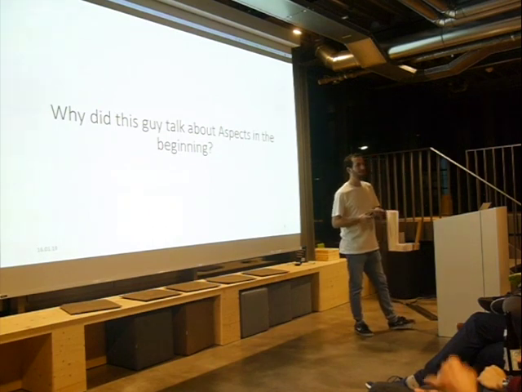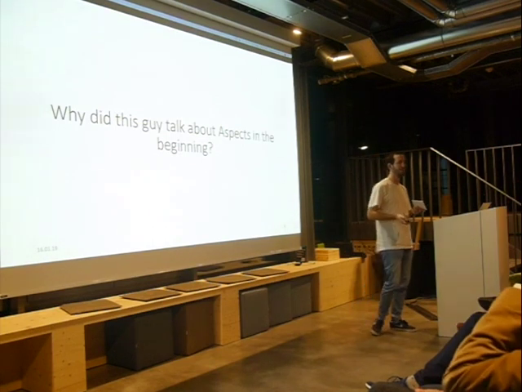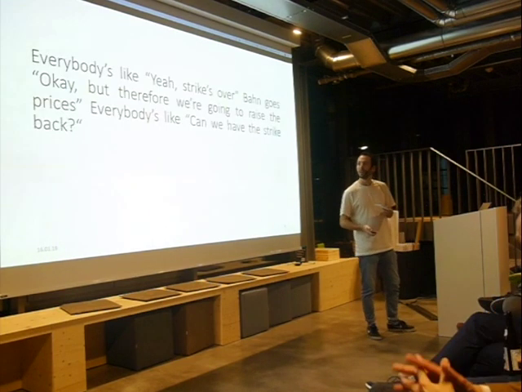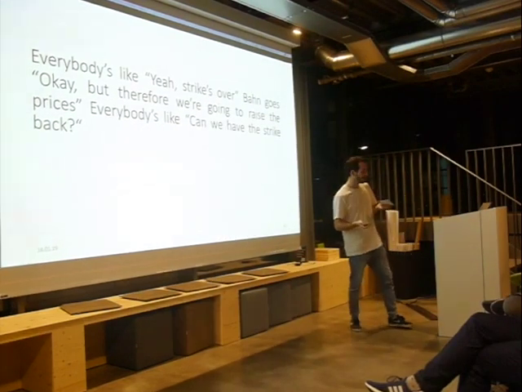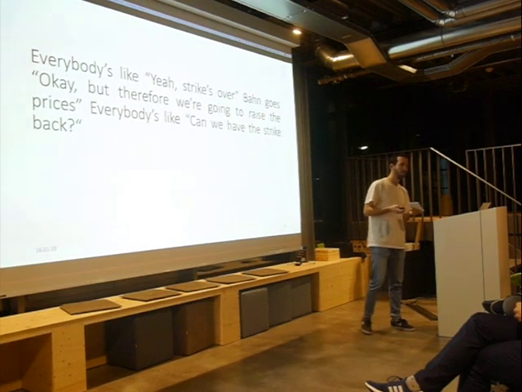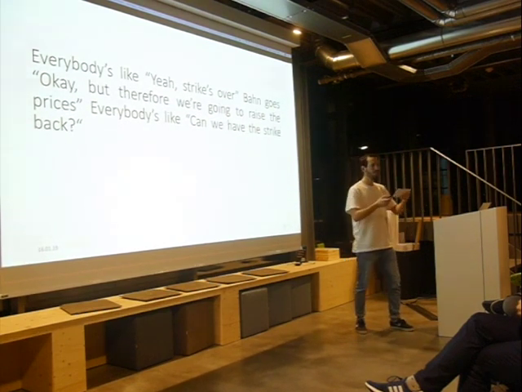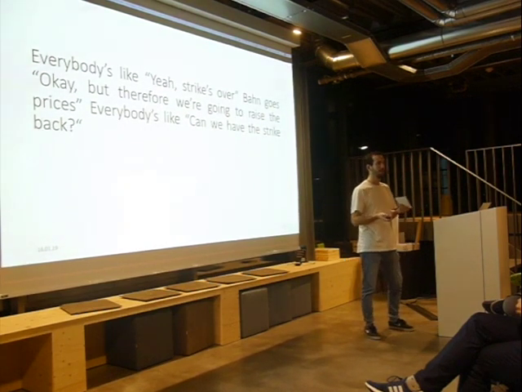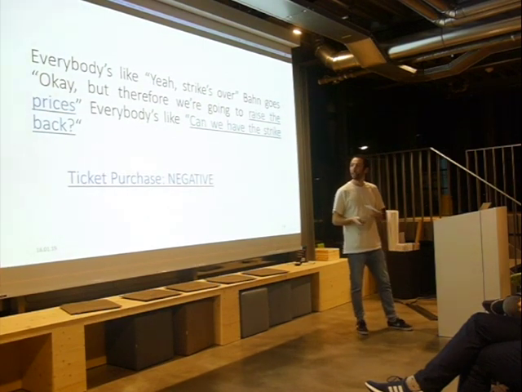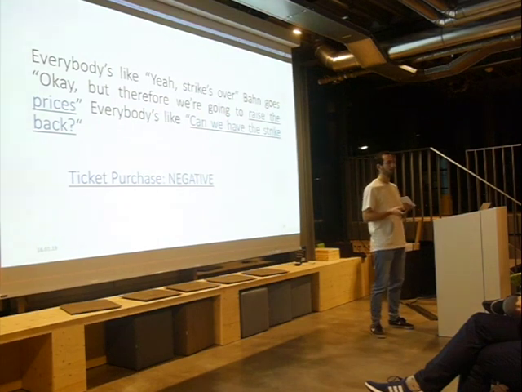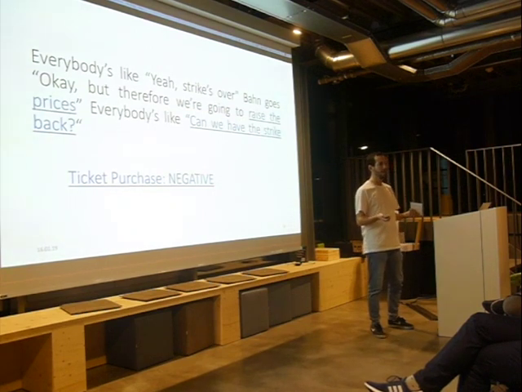If you now wonder why I mentioned aspects in the beginning, I will come to that now. If you look at the example again, and we don't analyze the whole text, but we look at topics mentioned in the text, we could see on the one hand that the user is talking about the ticket purchase and he's complaining about it. So we would label this aspect as negative.